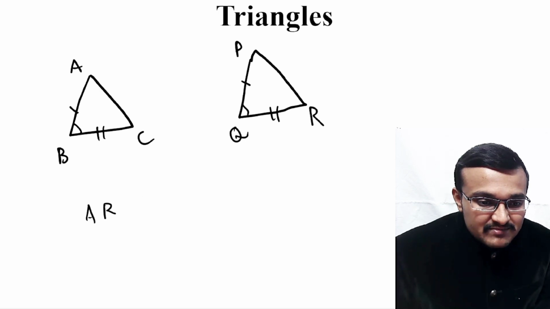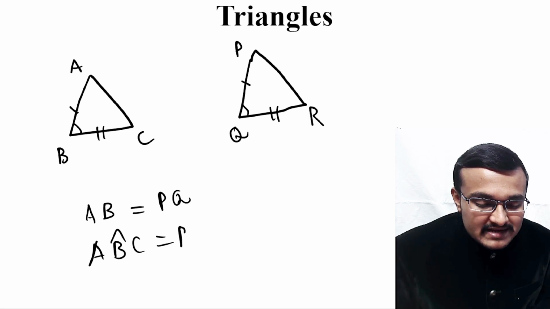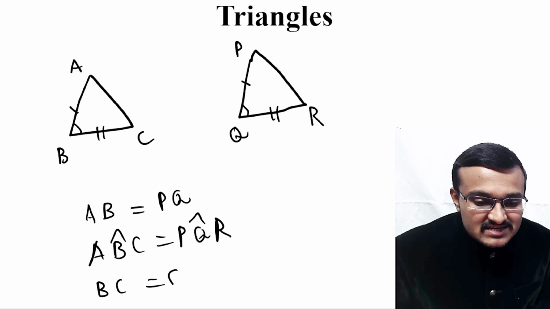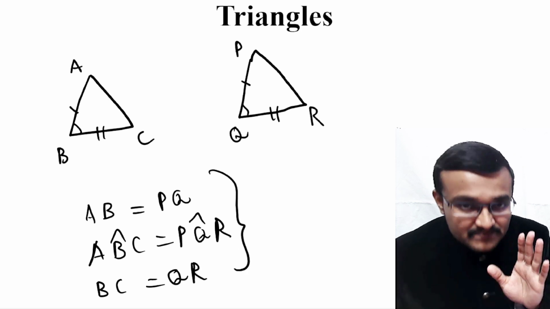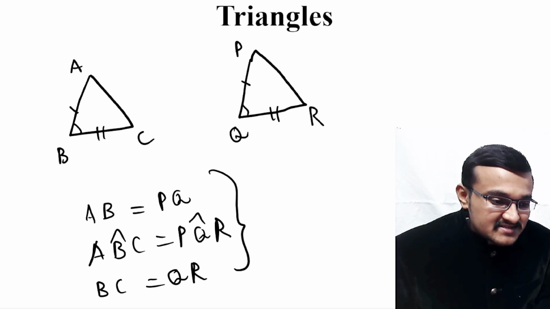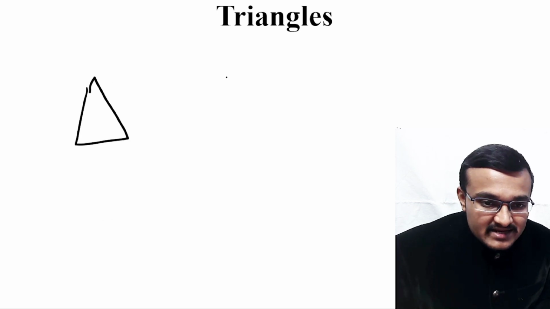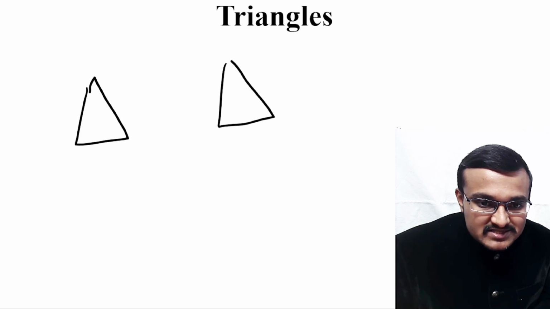So here AB is equal to PQ and angle ABC is equal to angle PQR. At last, BC is equal to QR. So in this format only it should be there. Or let's say, in the same two diagrams, I am writing these two triangles once again.